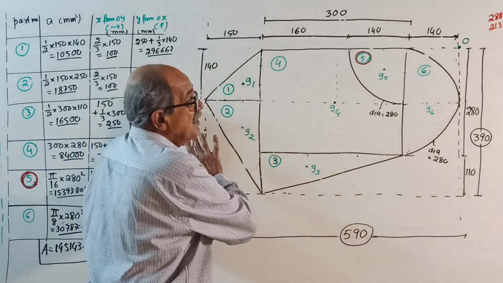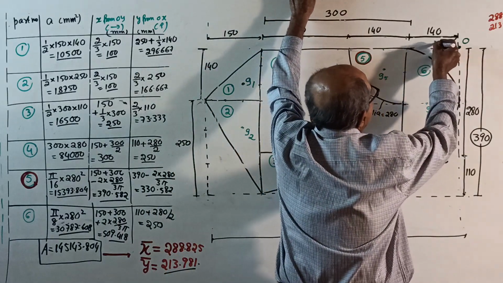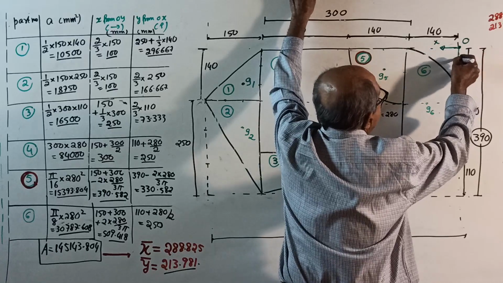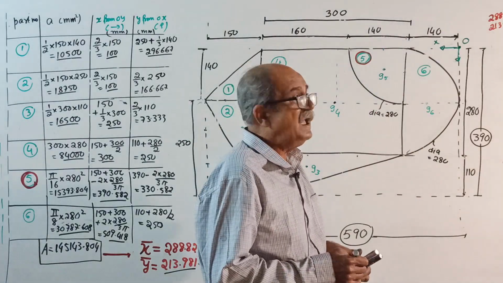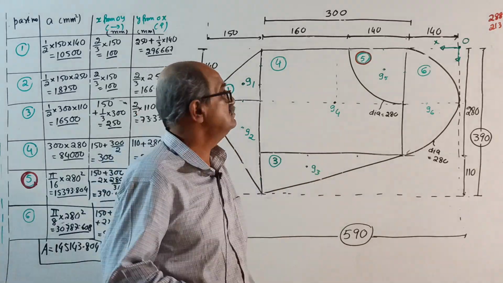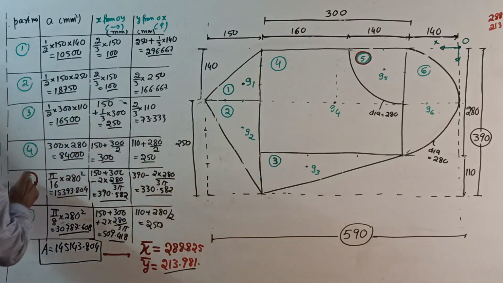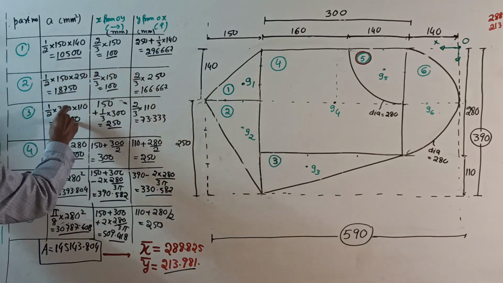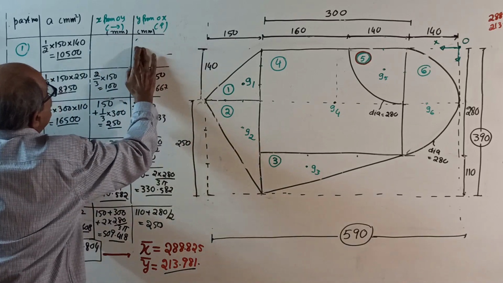Then we will take x this way and y this way. That is Eterco. Again we will find x bar, y bar, so that a complete grip will come. With that origin, parts 1, 2, 3, 4, 5 will be the same, area will be the same, but this will change.